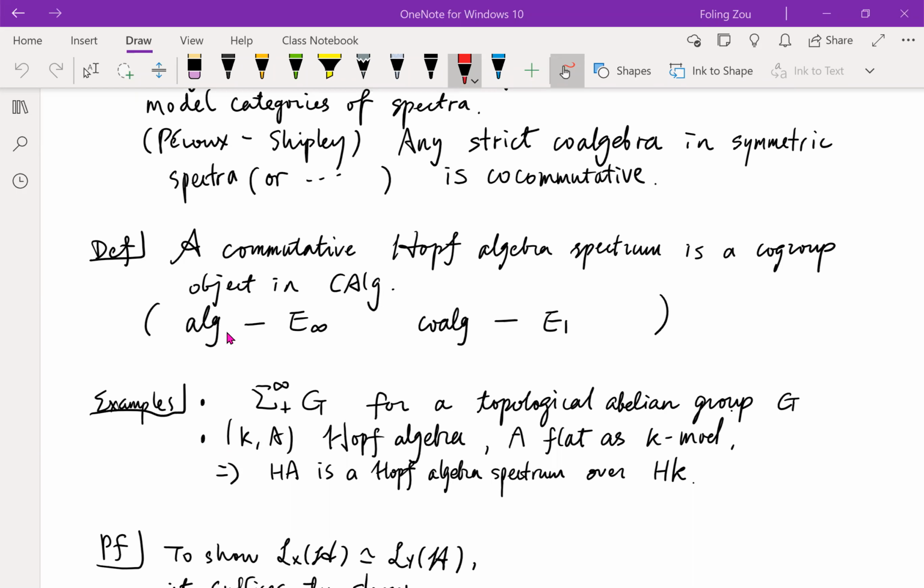So our theorem in theory is more general than these known results, but actually we could not find an example of a commutative Hopf algebra spectrum that does not fall in these two categories, and it would be nice if we had that example.